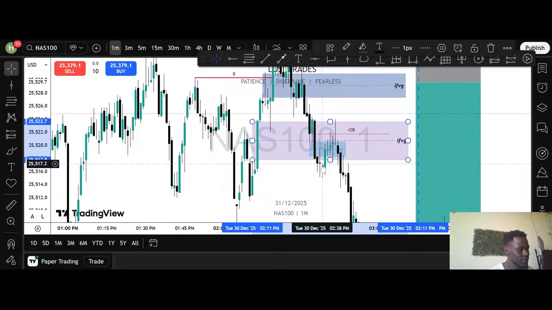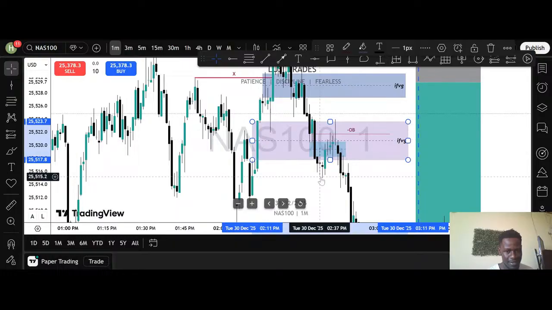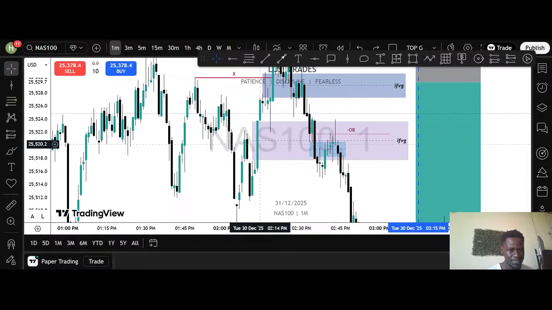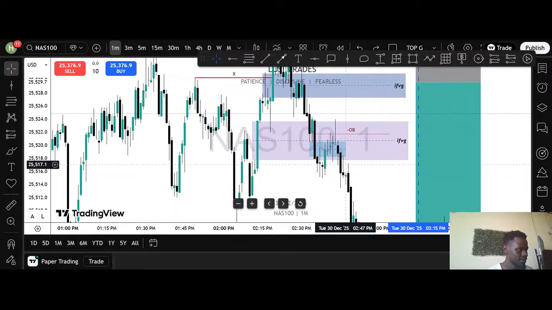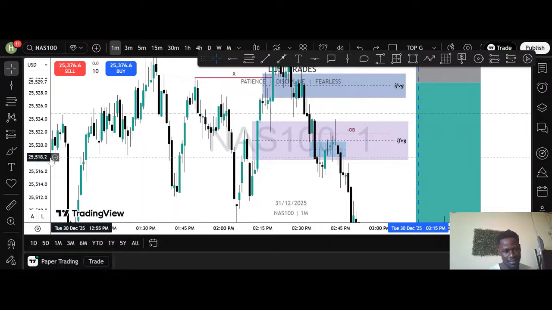We want to see price leave this level and close outside it. Then on any pullback into it, we anticipate this level to hold price going lower. This is what's happening, and we see price leave that level.